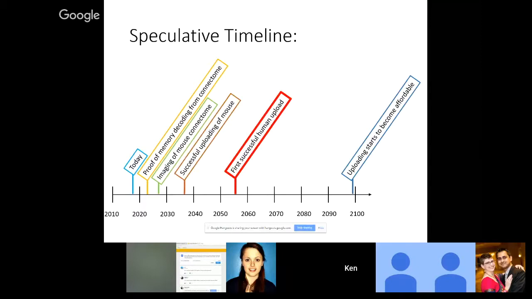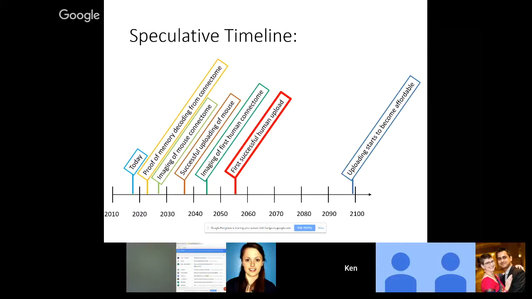The successful uploading of a mouse, and I'm putting that at about 20 years from now. Because a lot of basic neuroscience knowledge will have to be gleaned in the intervening decades to make this possible. So this is really quite out there.